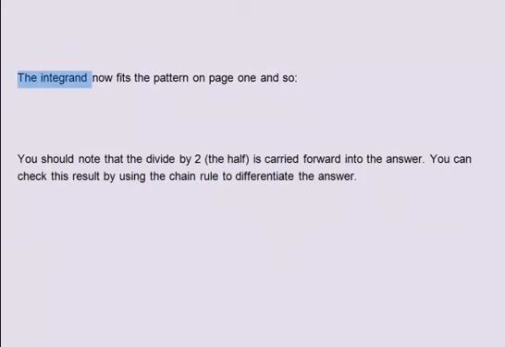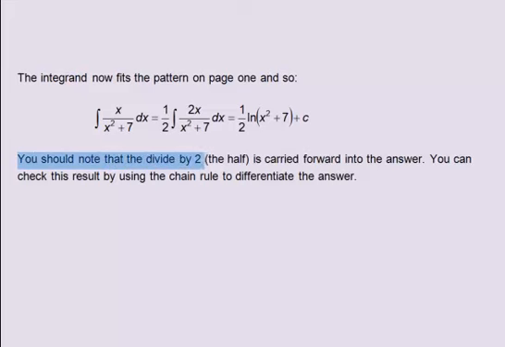The integrand now fits the pattern on page 1, so the integral of x divided by x squared plus 7 dx equals 1/2 multiplied by the integral of 2x divided by x squared plus 7 dx, which equals 1/2 multiplied by the natural logarithm of x squared plus 7 plus c. You should note that the divide by 2, the half, is carried forward into the answer. You can check this result by using the chain rule to differentiate the answer.